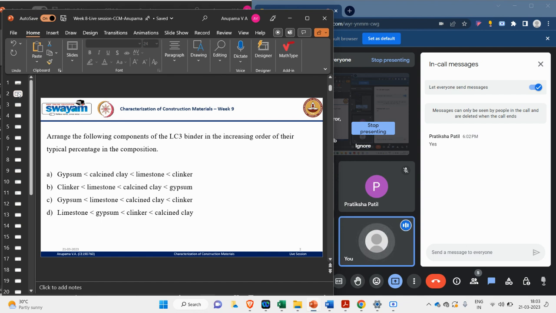Option A, gypsum, calcined clay, limestone, and clinker. Option B, clinker, limestone, calcined clay, gypsum. Option C, gypsum, limestone, calcined clay, and clinker. Option D, limestone, gypsum, clinker, and calcined clay.